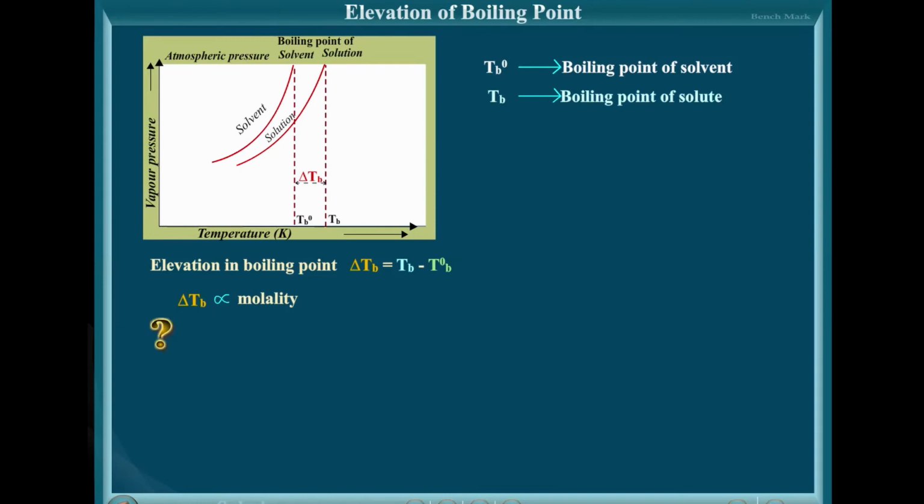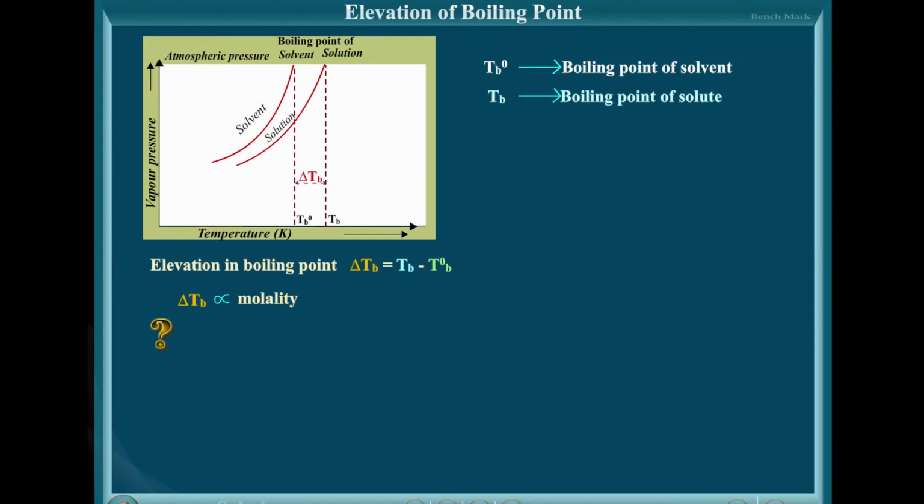According to Raoult's law, delta P is directly proportional to XB or X2, the mole fraction of the solute. Therefore, delta TB is directly proportional to the mole fraction of the solute, that is X2.